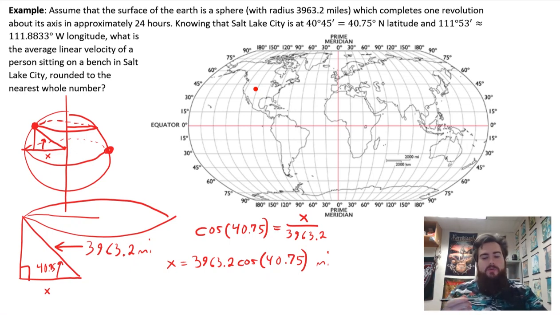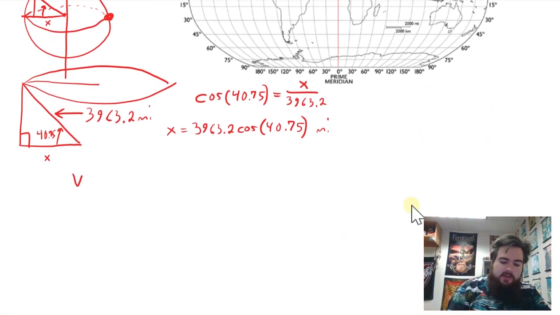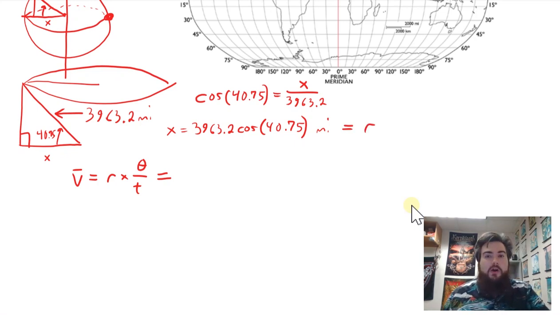Because if I use the formula for average angular velocity, which is r times theta over t, in this case, we now know what r is. This is r on the circle that we sit upon. Theta in one full revolution is 2 pi, and the time it takes to do that is 24 hours.